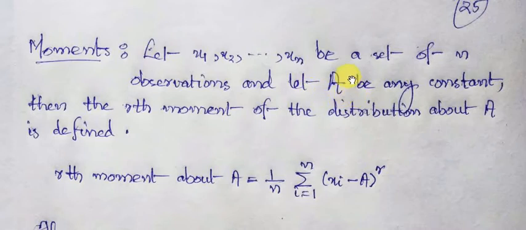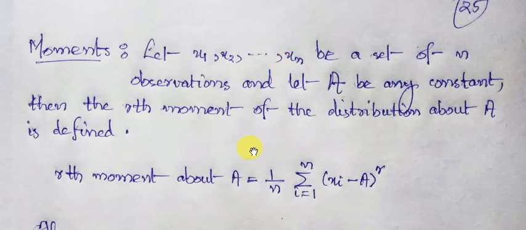Here we have considered an arbitrary constant, capital A. Constant means a real number. We are calculating the moment of these observations with respect to this arbitrary constant A, and the moment is the rth moment. That means we are calculating the rth moment about this real constant A of these statistical observations.